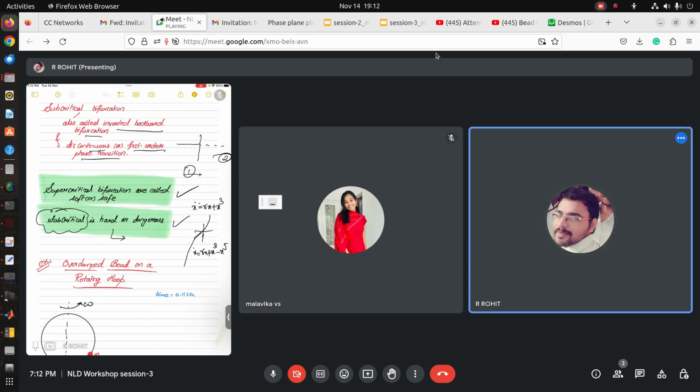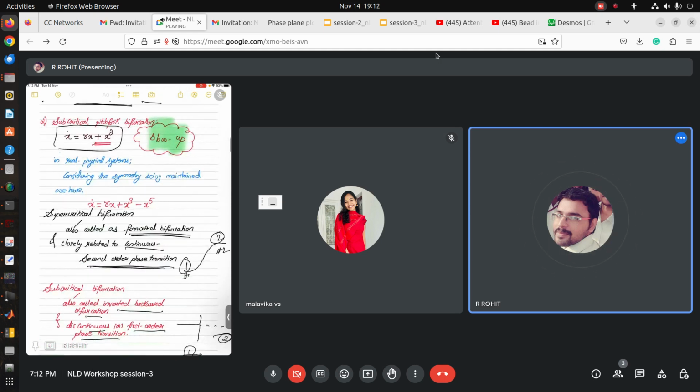When you put in the minus x to the power 5, keep in mind that the equation should still be invariant, that is, if you put x equal to minus x, the system should be symmetric and show the same equation once again. These two things are still maintained when you put in minus x to the power 5.